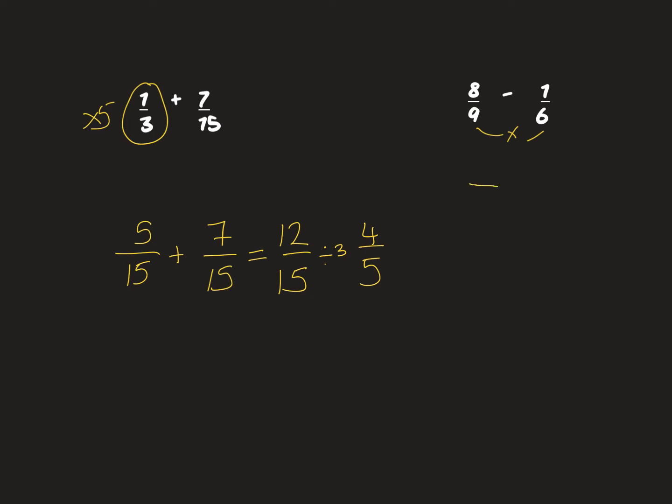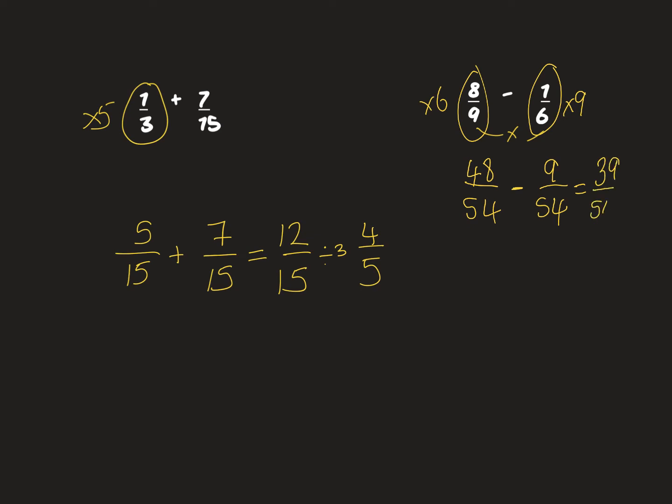Now, if you went with 54, we'd be multiplying this one all by 6, and this one all by 9 in order to make our common denominator 54, and remember we're taking away. So 6 eighths is 48, and 9 ones is 9, and we take that away, so 48 take away 9 is 39 out of 54, and then we need to simplify that.